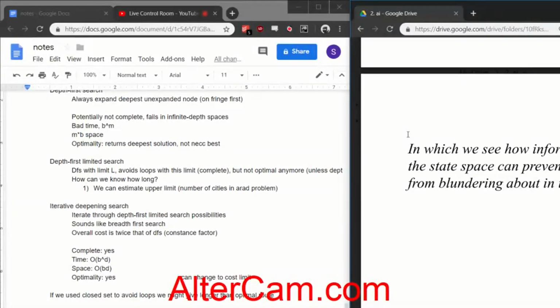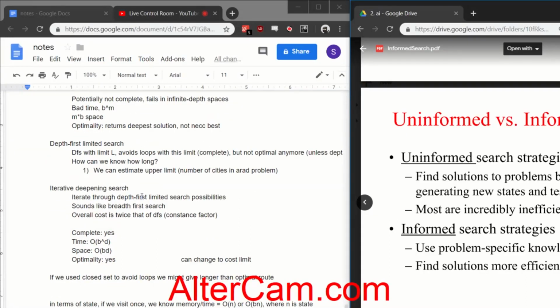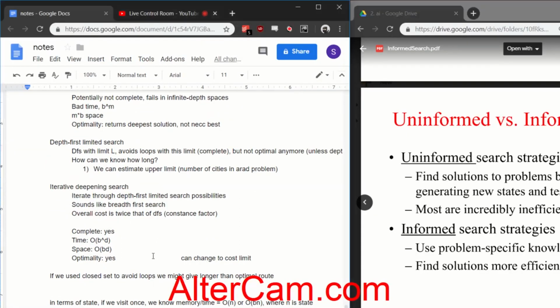And so informed search, we will put in those same terms. We'll try to make it use some extra information in that fashion to not only find a solution and find an optimal solution, but hopefully find it while exploring as small of the search tree as it possibly can.